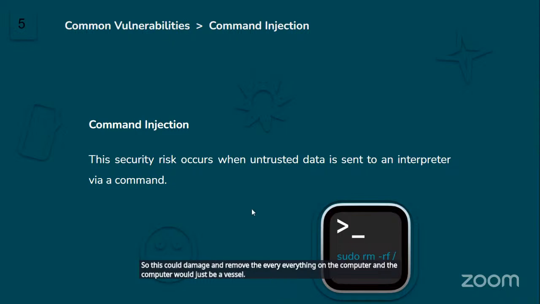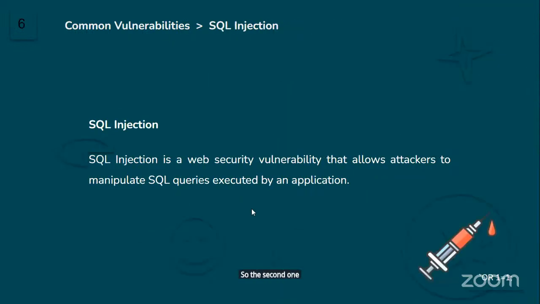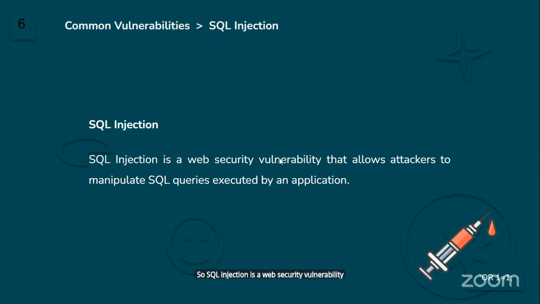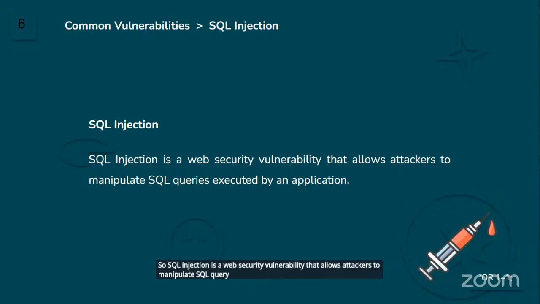So the second one is SQL injection, and this is one of the most popular vulnerabilities in web applications. In fact, not only in web applications, it is also popular in mobile applications as well. SQL injection is a web security vulnerability that allows attackers to manipulate SQL queries executed by an application.